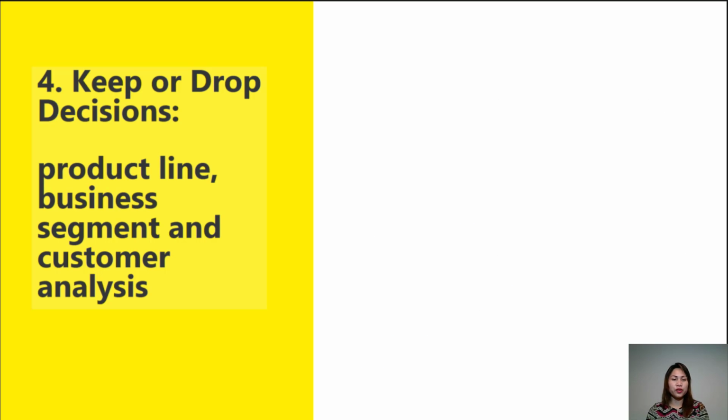Let's move on to the fourth type of decision, that is keep or drop decision. It can be a product line, a business segment, or different customer groups. When organizations provide multiple products, either goods or services, they periodically review operating results for each product, group of products, or product line, business segment or customer segment, and decide whether to keep or drop the product or segment.